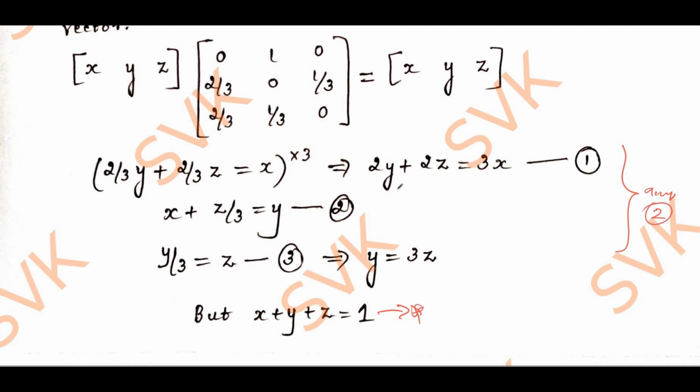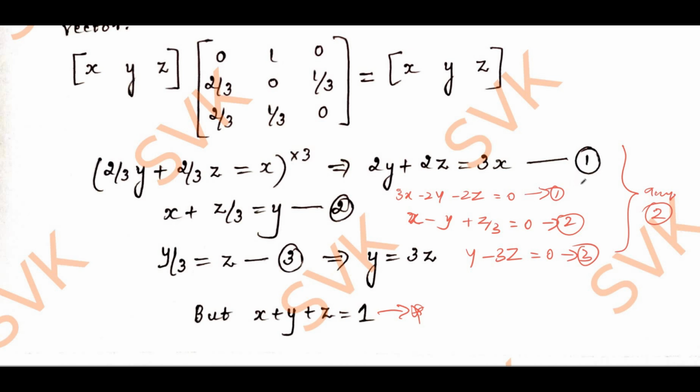Use your calculator. I will rewrite this as 3x minus 2y minus 2z equals 0, and name this equation 1. From the second equation, x minus y plus z by 3 equals 0; name this equation 2. And here y minus 3z equals 0; name this equation 3.